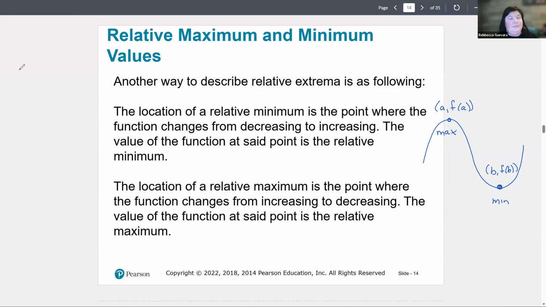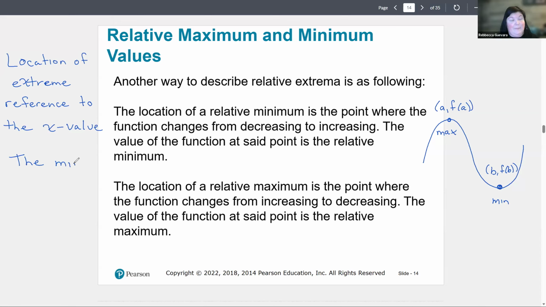So another thing to point out here is that when we talk about the location of extrema, that refers to the x value. When we talk about the minimum or maximum, the minimum and maximum refer to the function value, or the y value.